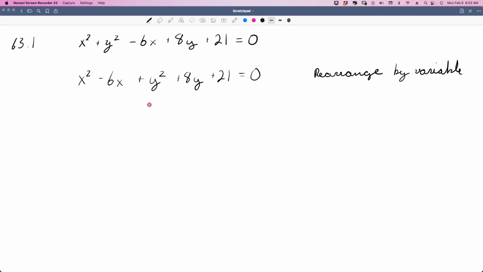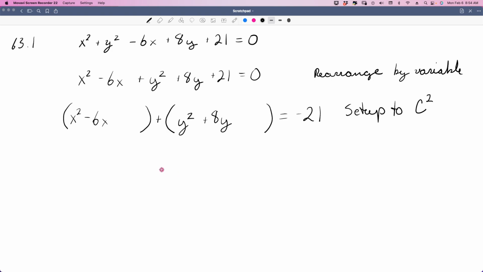So the first step that you want to do is just rearrange by variable, which simply means to put your x terms together and your y terms together. The next step is to set it up to complete the square. So I have the x terms together, x squared minus 6x in parentheses with a little space left for that third term, and we're adding that to.